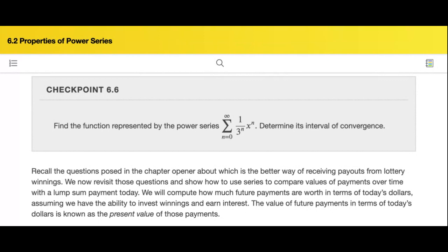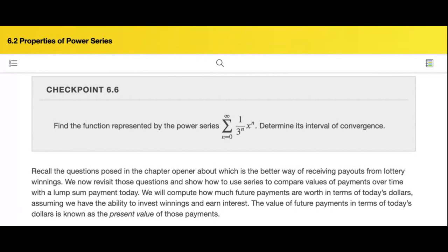Golem has it. Golem says that's 3 over 3 minus x, and the interval of convergence is from -3 to 3. Shahaya has the same thing, 3 over 3 minus x. The interval of convergence, yes, -3 to 3. Okay, Paul got the same thing.